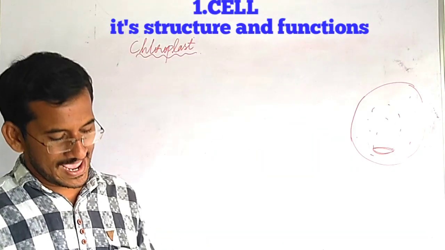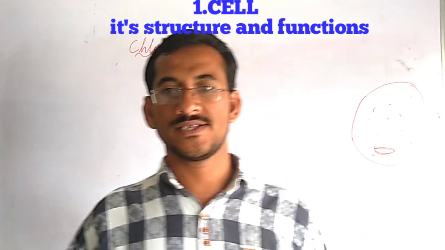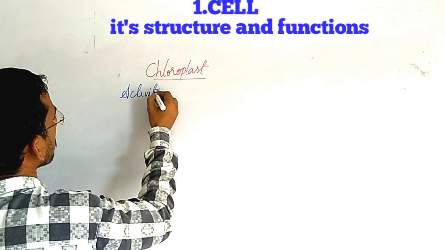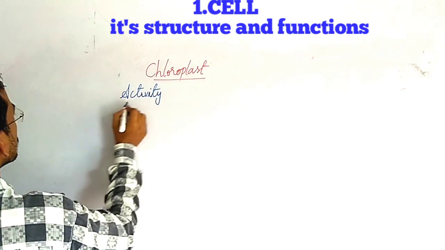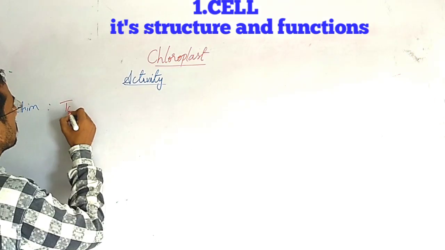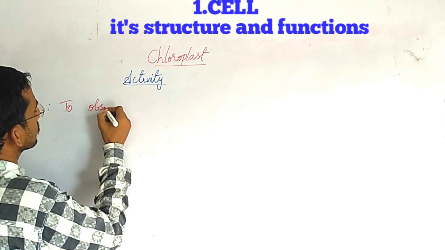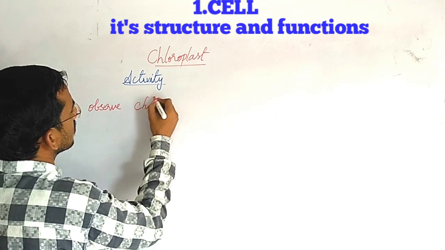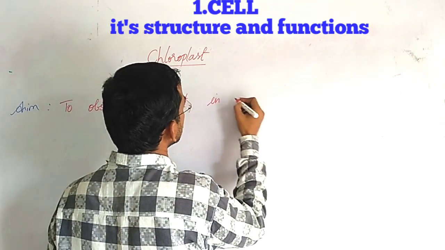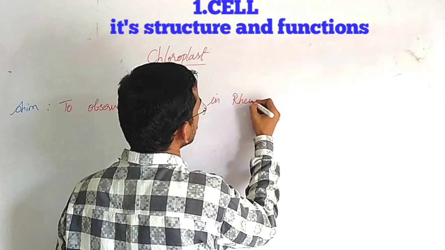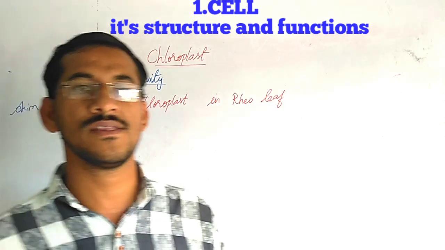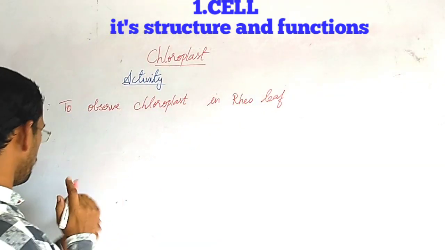Let us see one activity on chloroplast. Activity. Aim: to observe chloroplast in rheo leaf. So observing chloroplast in rheo leaf, that is our aim.